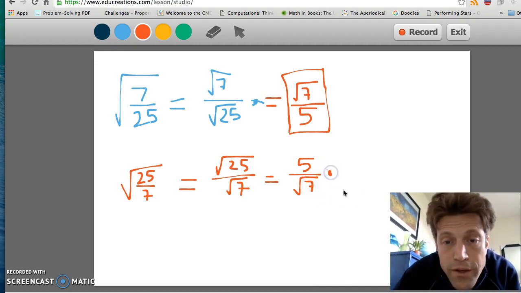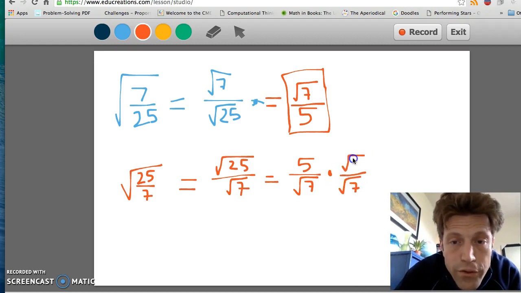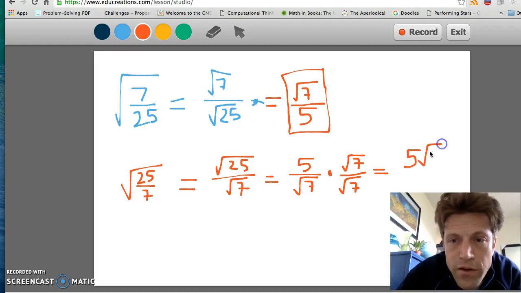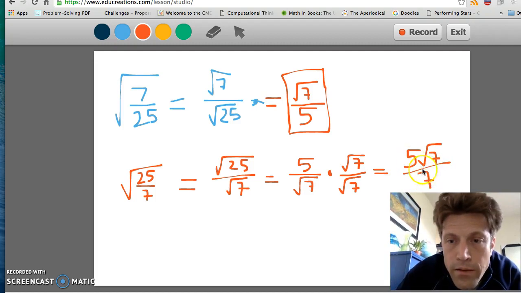So we multiply. This is a complicated number. The only way to simplify it is to multiply it by itself. A mistake a lot of people make is they try to just square the whole thing. They'll say, oh, I'm going to times the bottom by square root of 7 and the top by 5. But no, you got to just remember you're really multiplying by 1. So you're going to get 5 square root 7 over 7. And that's your final answer. Can't factor anything. And this video is over.